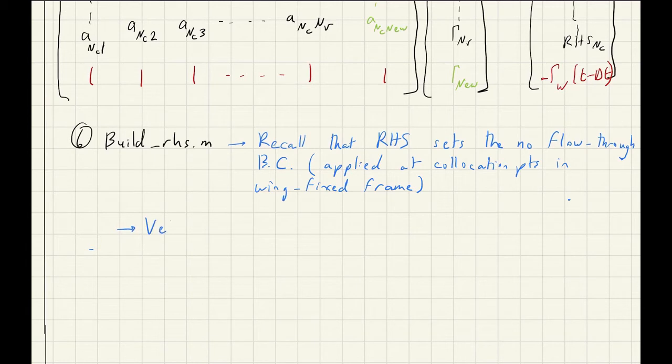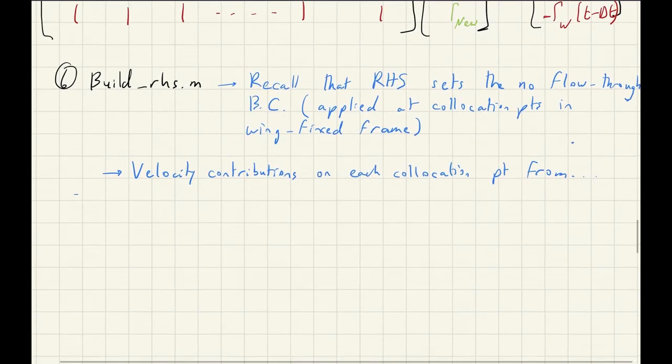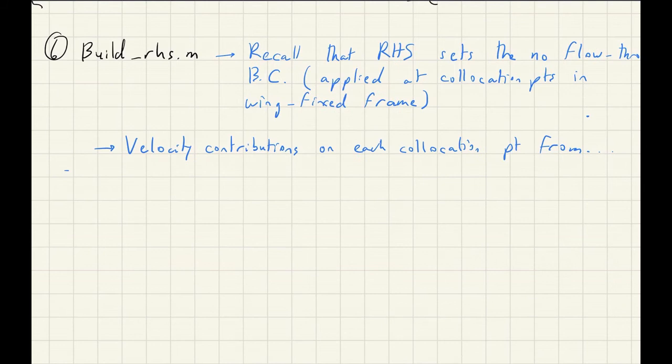Okay. Velocity contributions on each collocation point: we have two sources of velocities at the collocation points. In this case, kinematics of the wing.